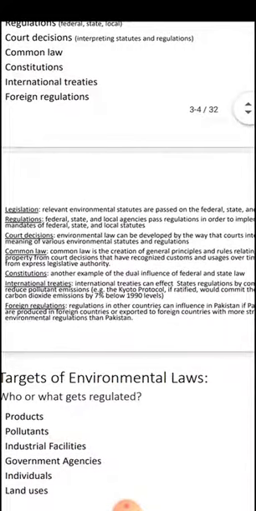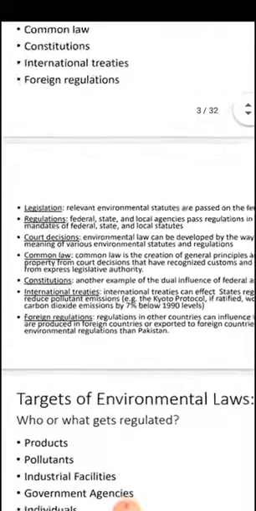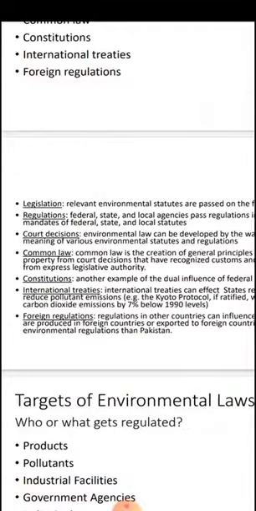Then we have these regulations which will be actually coming through some institution, and it will be under the umbrella of some of the organizations and agencies which have the authority to develop some rules. So for example, in our country the most effective institution for developing these rules and regulations is the Environmental Protection Agency, EPA.